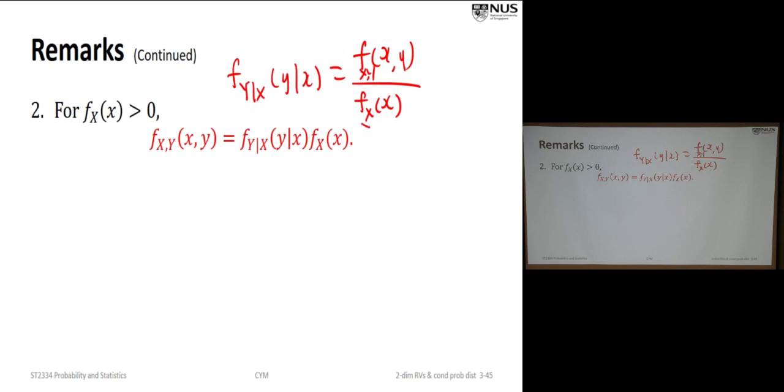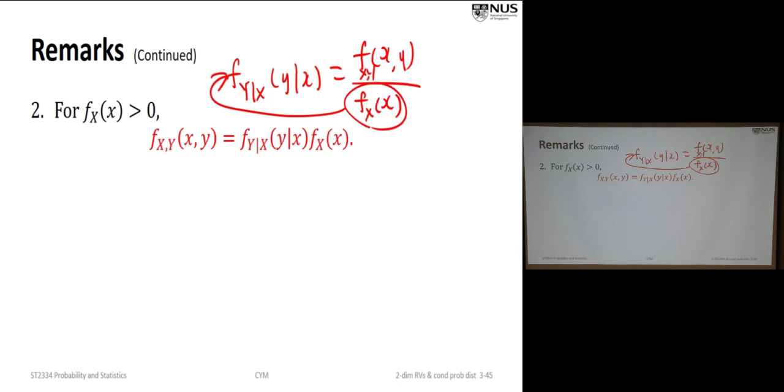I just multiply both sides, so it's equal to this expression. You can interpret it as the joint PDF, or the joint probability function, of x and y. You can think of it as f of x, the marginal of x, times the conditional of y given x.